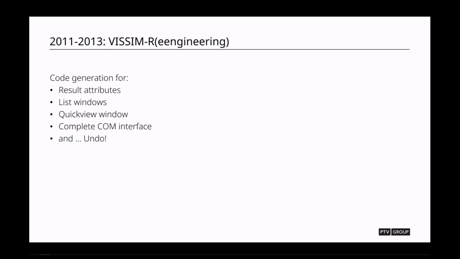But after the pedestrian implementation came the phase of Vissim R, which was the big re-engineering of the internal architecture of Vissim, which consisted of trying to do most things in a generic way.